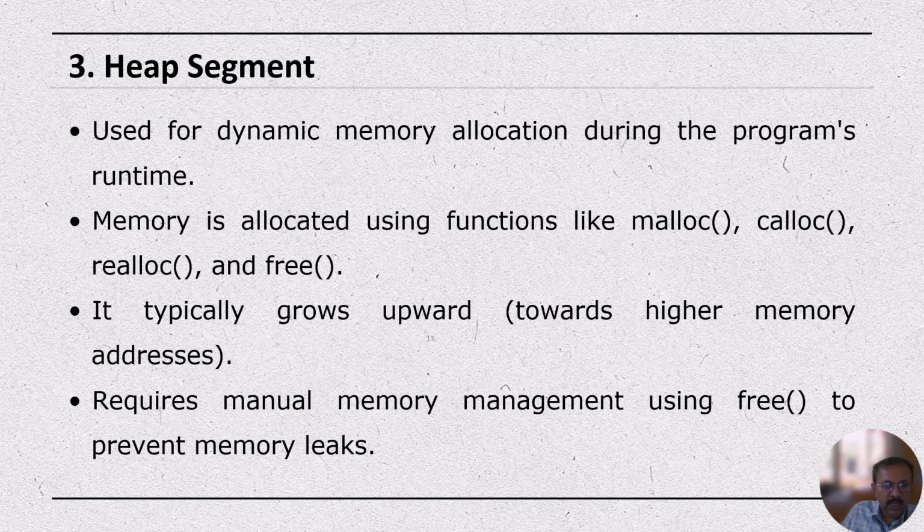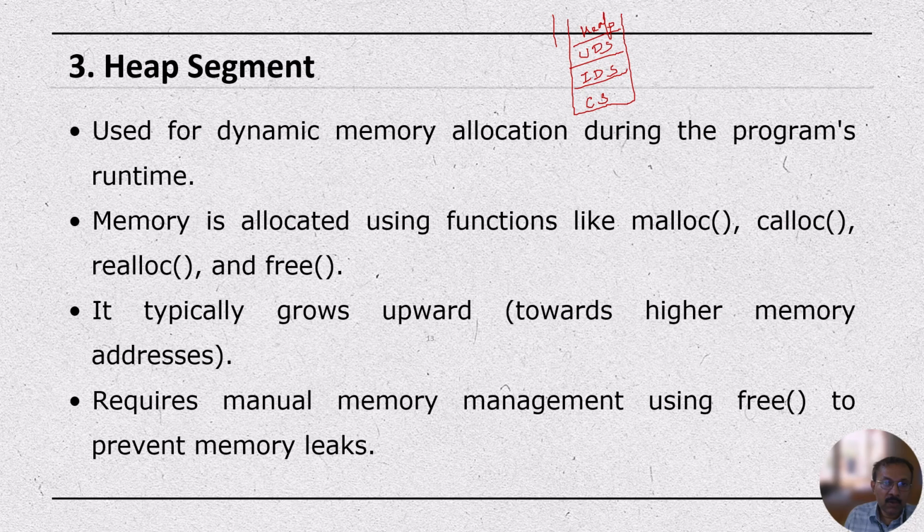Hope you remember what we had in the memory layout: first the code segment, then the initialized data segment, then the uninitialized data segment. Now we have the heap segment. The heap segment is used for dynamic memory allocation, where memory is allotted using malloc and calloc.